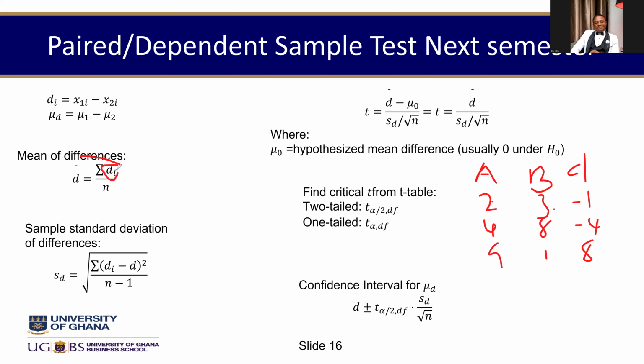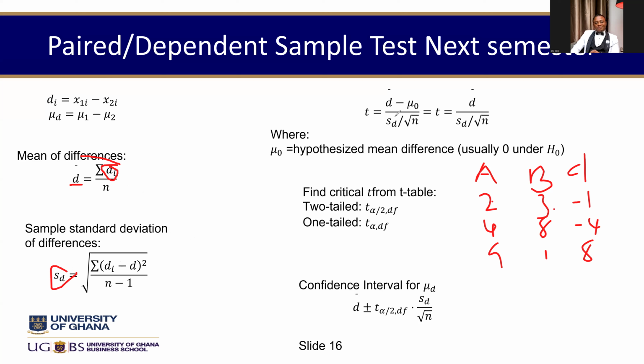Then what do you do? Once you have calculated the differences, you sum them, or basically you find the mean. Okay, you find the mean, and that will give you this D bar that you have here. Okay, then you create 3 columns because you are going to find the standard deviation here.